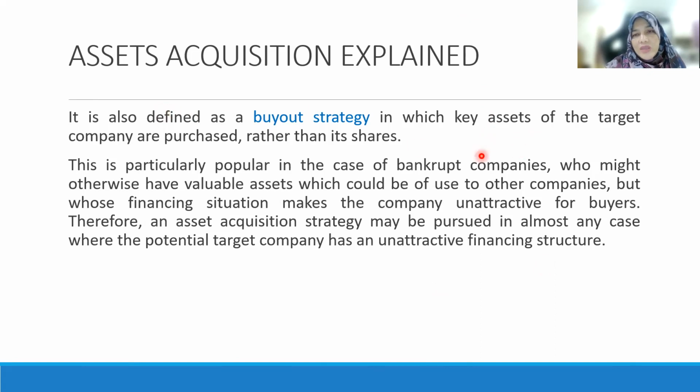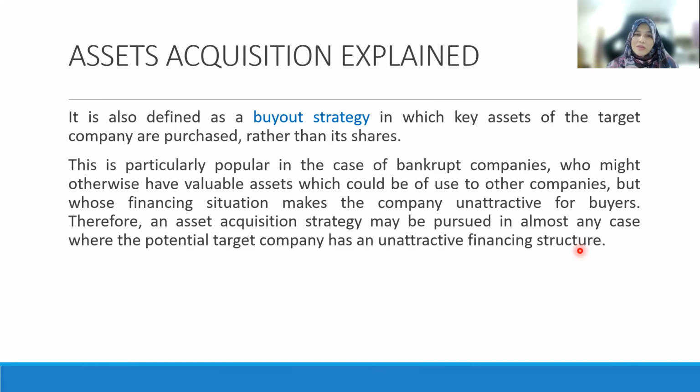This is particularly popular in the case of bankrupt companies. So when a company is going bankrupt, usually there will be another company interested in buying some of the assets of the company. For example, let's say an oil and gas company that is having financial problems, and then usually the company that will be taking over will choose which particular segment is beneficial, that will be profitable to them.